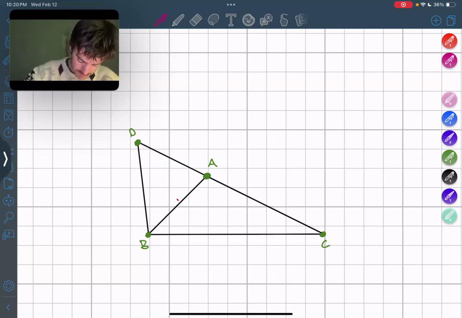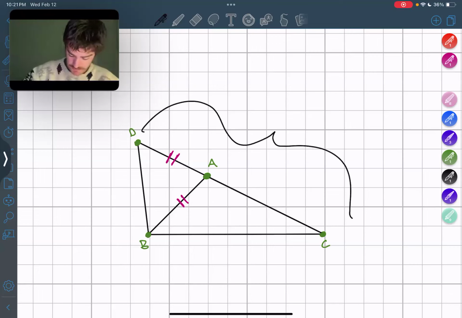So what do we now know about our newly constructed triangle? Well, what we do know is that side AB is congruent to side AD. This is just in our construction. We set this as one of the rules for making our new triangle. We also know that this line here, DC, is on the same line as this line over here.